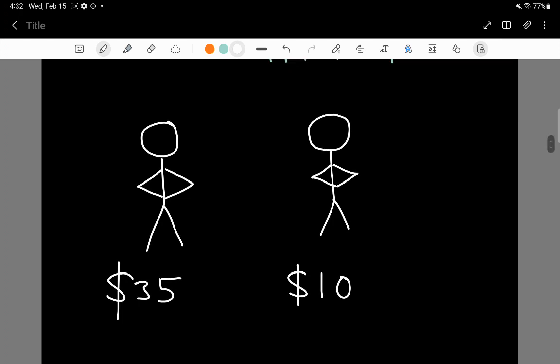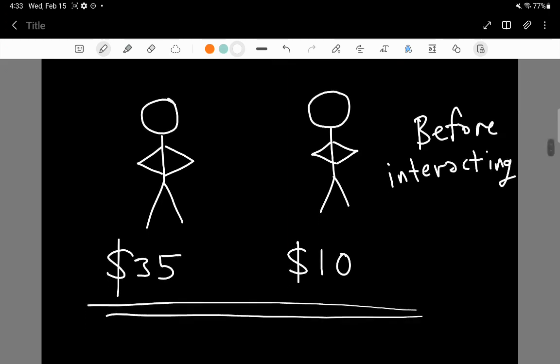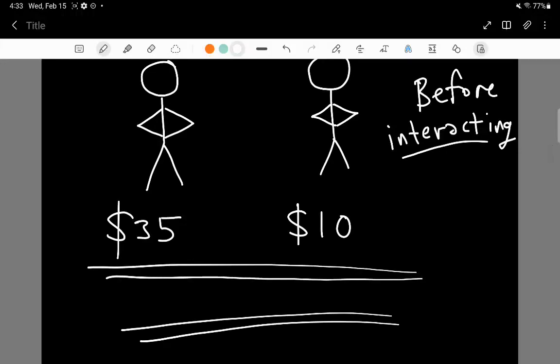And this is the way the world looks before some sort of interaction. But what they do in order to have an interaction is they have a transaction.